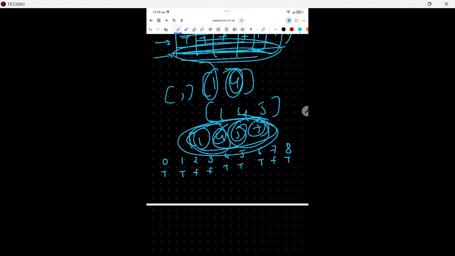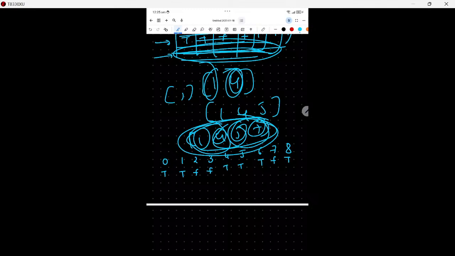Why am I going till the target? No, target is very bad. Sorry. That's the tabulation table for the target, right?